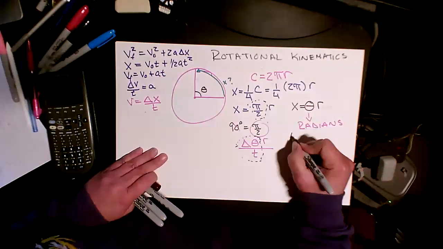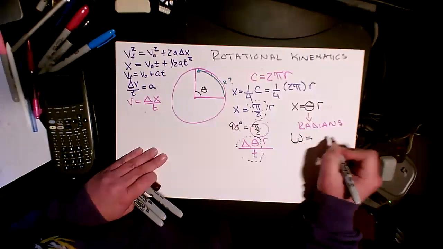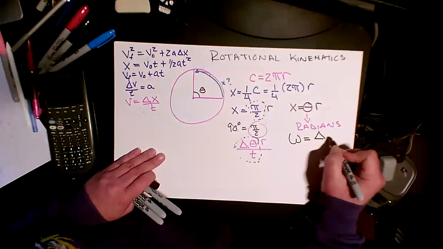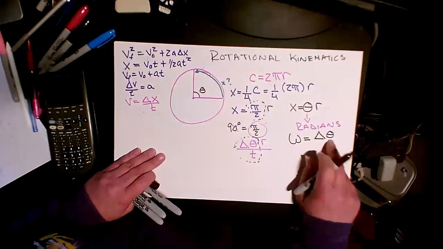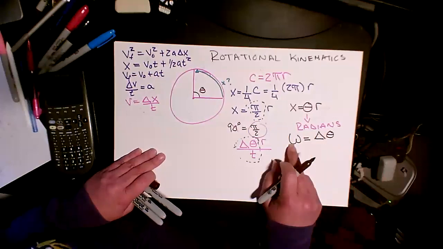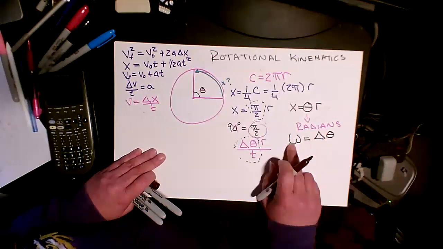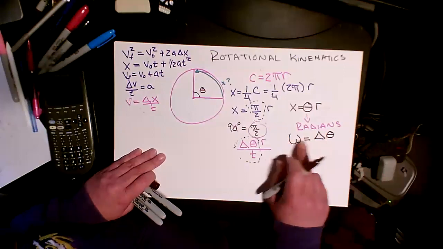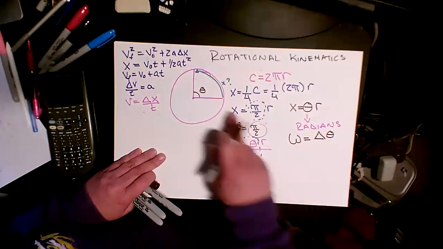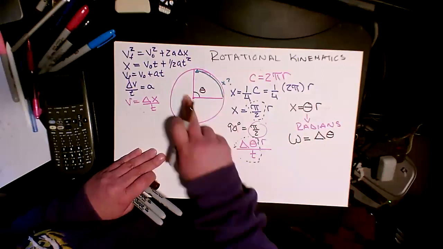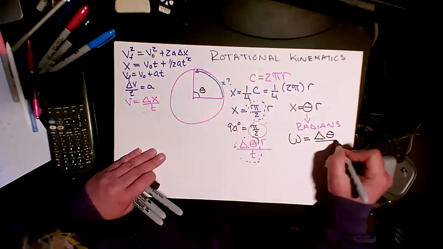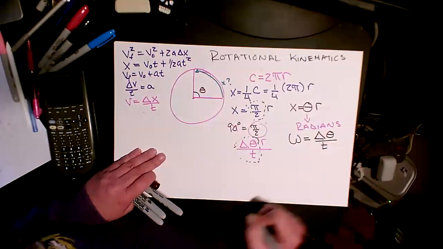We define this as omega. So omega is the rate of change of our theta with respect to time.